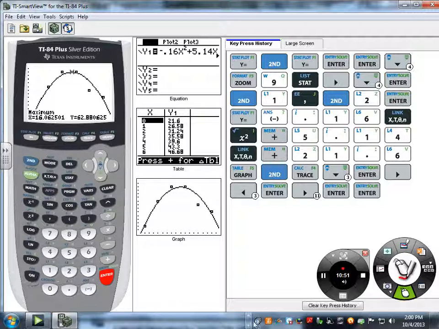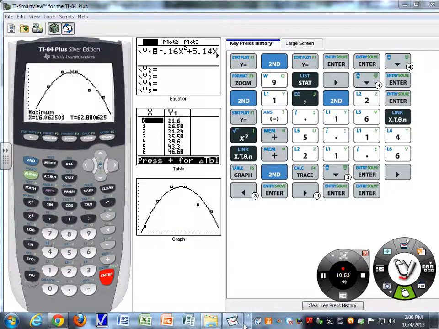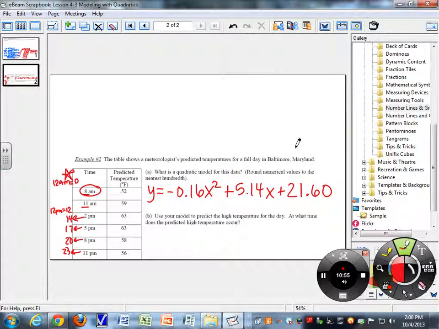So going back to the question that they posed, use your model to predict the high temperature for the day. We were looking at a parabola, and that parabola has a vertex at 16.06, 62.88.